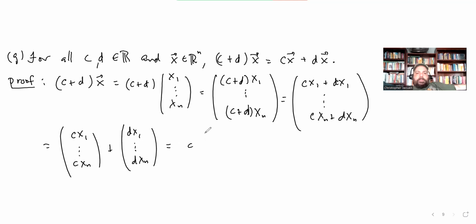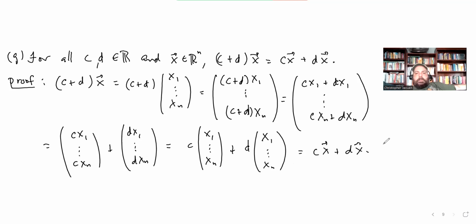Then I can factor out the scalars, which is cx plus dx. Okay, proof is done.